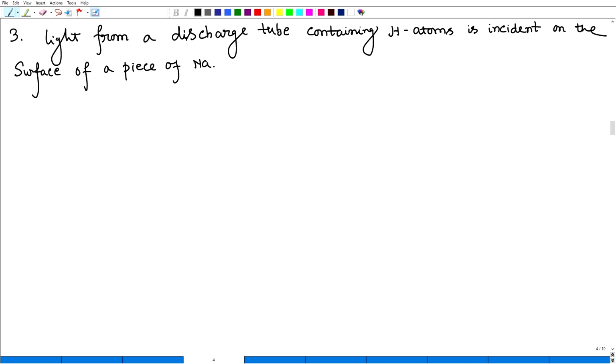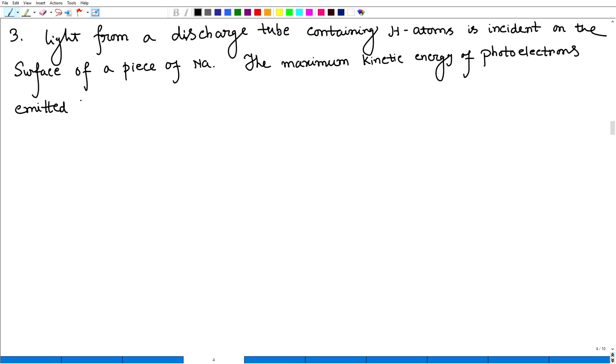The maximum kinetic energy of the photoelectrons, okay, emitted from the sodium is 0.73 electron volt.